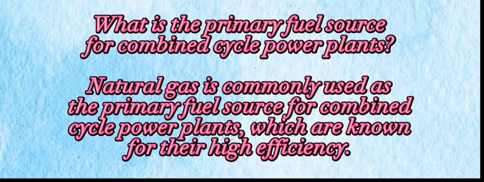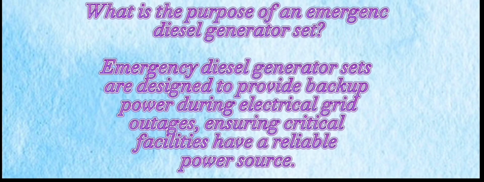What is the purpose of an emergency diesel generator set? Emergency diesel generator sets are designed to provide backup power during electrical grid outages, ensuring critical facilities have a reliable power source.